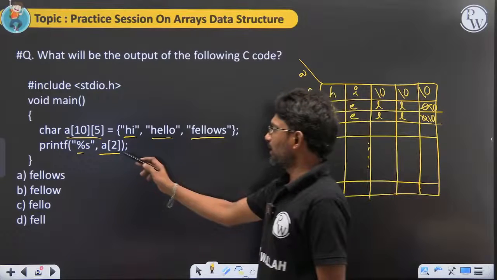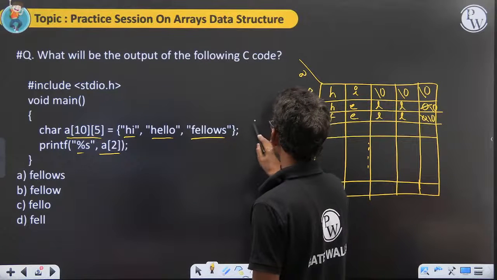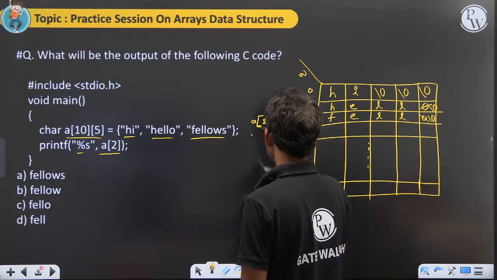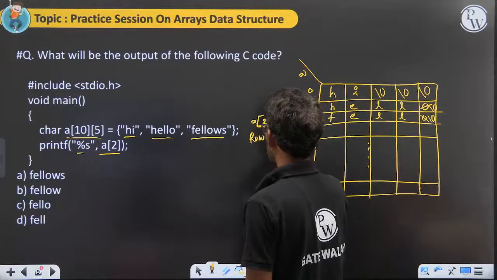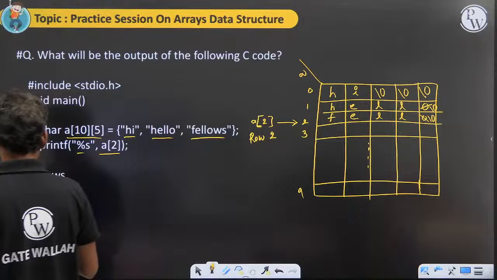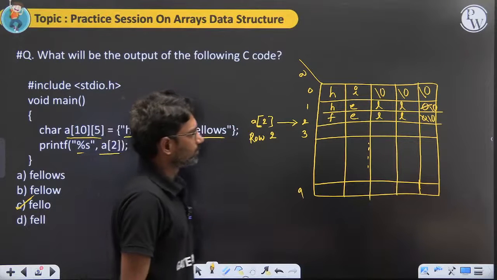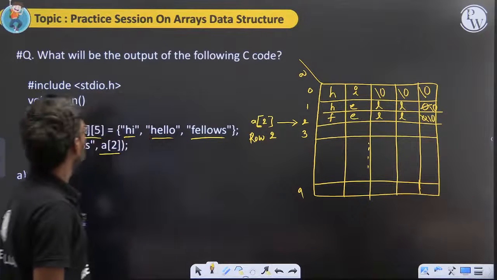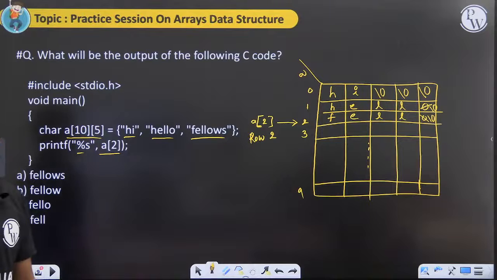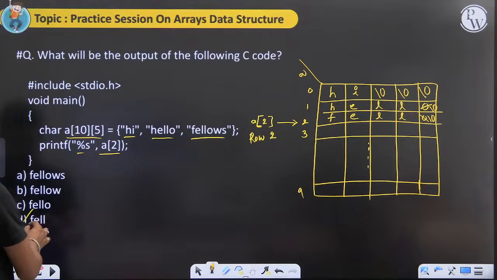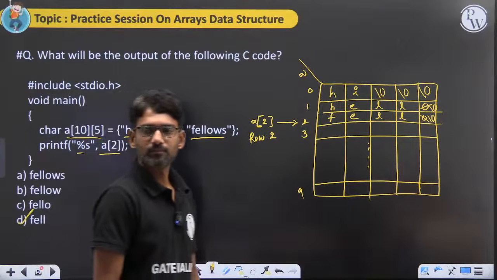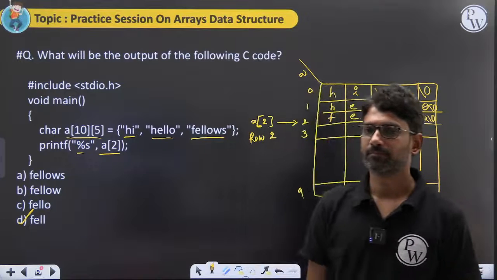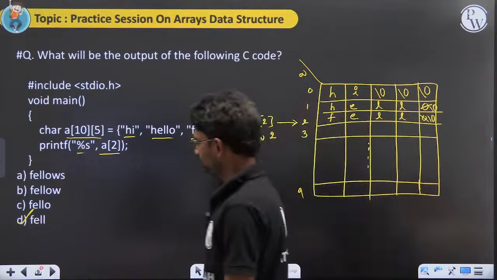Now, A of 2 means row number 2. So what will be printed? Fellow will be printed. Not even fellow. What is printed? Fell will be printed. Yeah. Next.